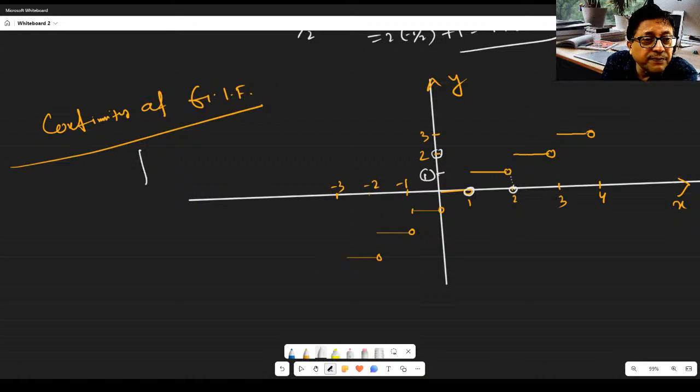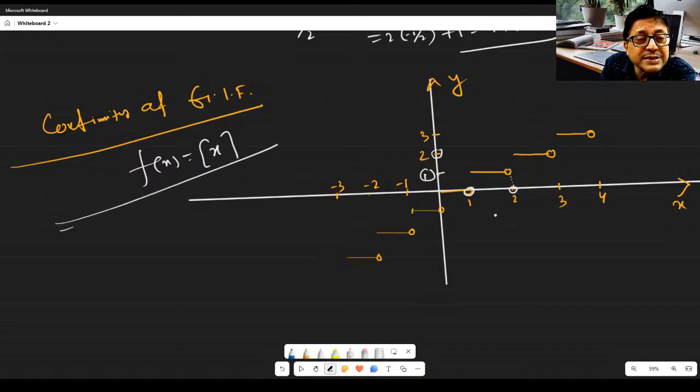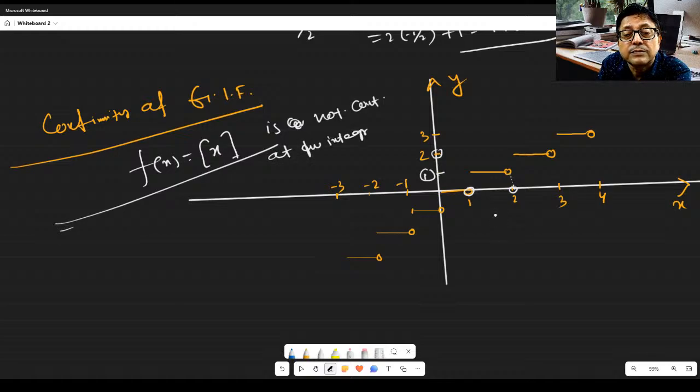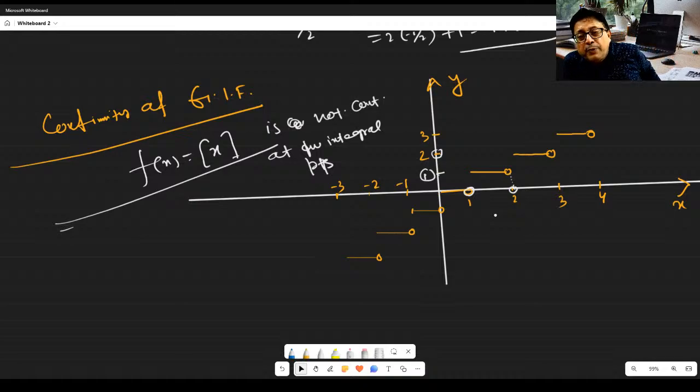So the function f(x) equal to [x] is not continuous at the integral points. Integral point means 1, 2, 3, 4, minus 1, minus 2, minus 3. At these integral points, the graph is not continuous. Clear?